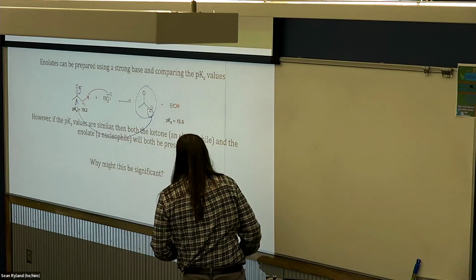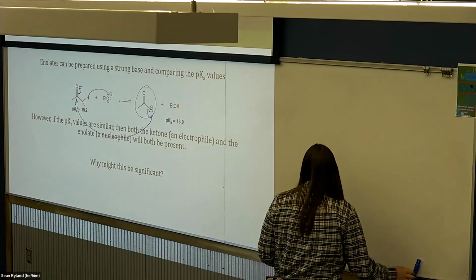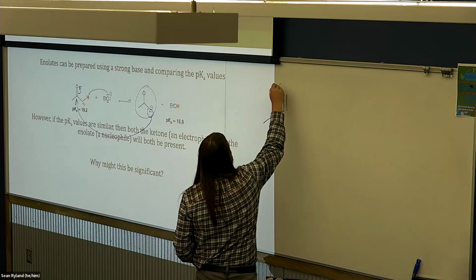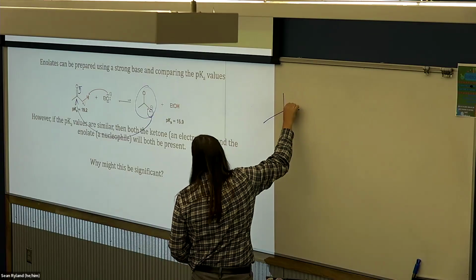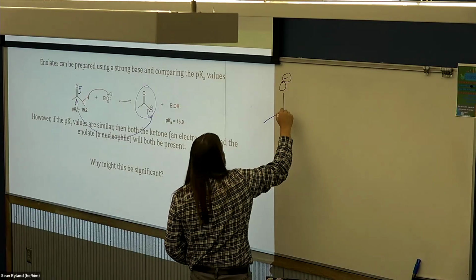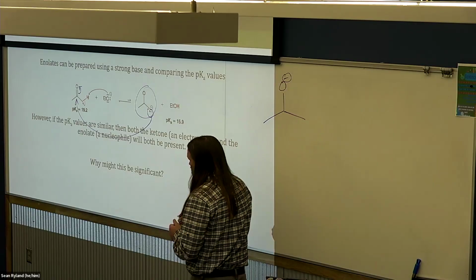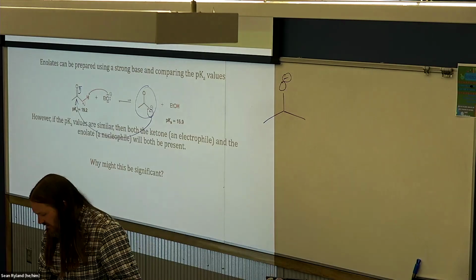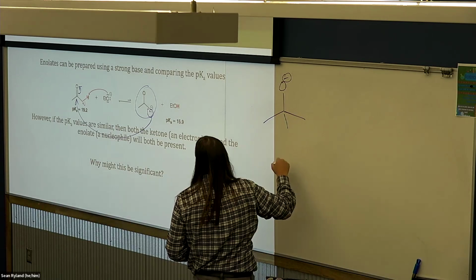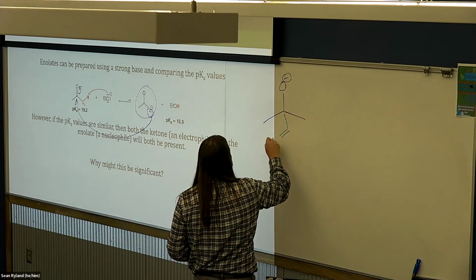What would our product look like then? After this attack, we're going to have that, and our second acetone molecule, our enolate, is attached there.